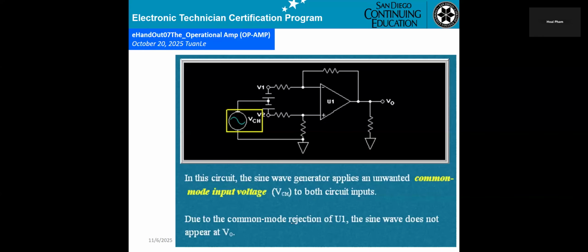Due to the common mode rejection of the amplifier, the sideways signal does not appear at the Vout. That means at the output you cannot see the sideways signal. The common mode input voltage appears across both inputs of the differential amplifier. Okay?